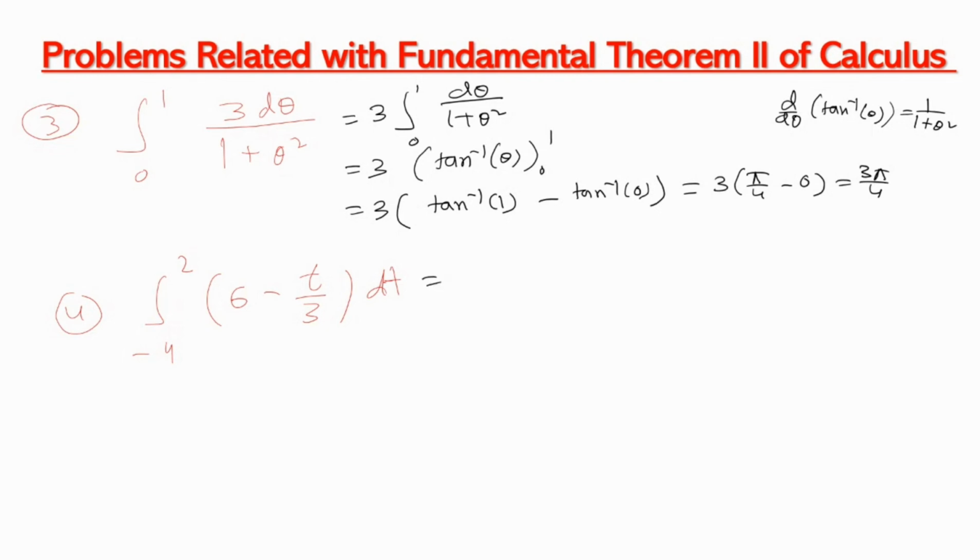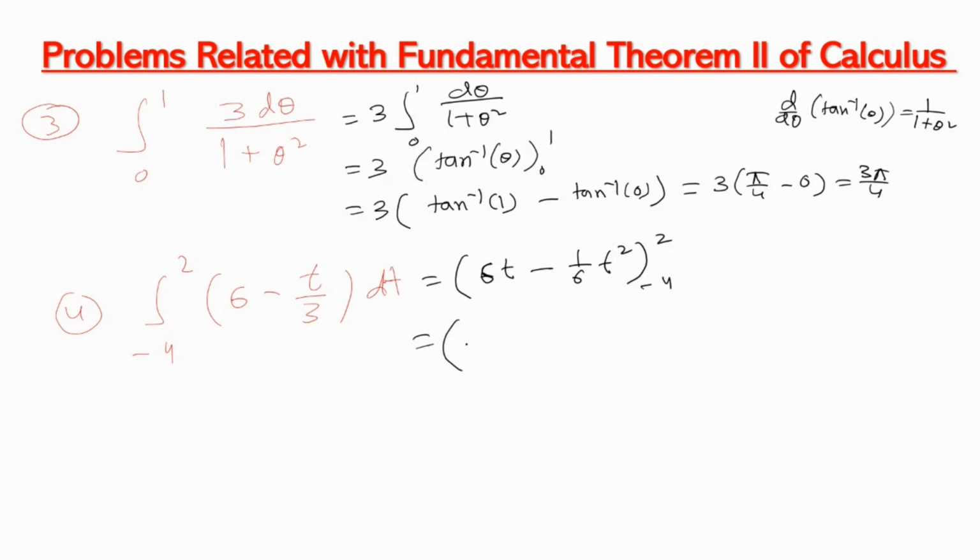This problem you can do either by separating them as two integrations, or you can do it together. I will prefer to do it together. So the first one is 6 and dt, so it will be 6t minus, the antiderivative of t will be t square over 2, so it will be 1 over 6 t square, limit is minus 4 to 2.